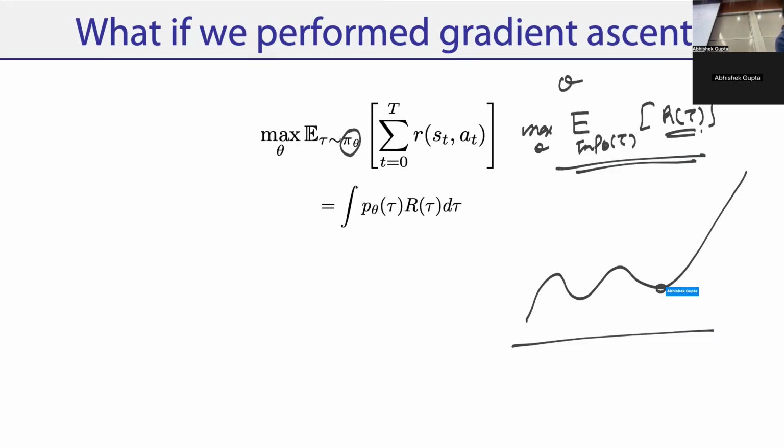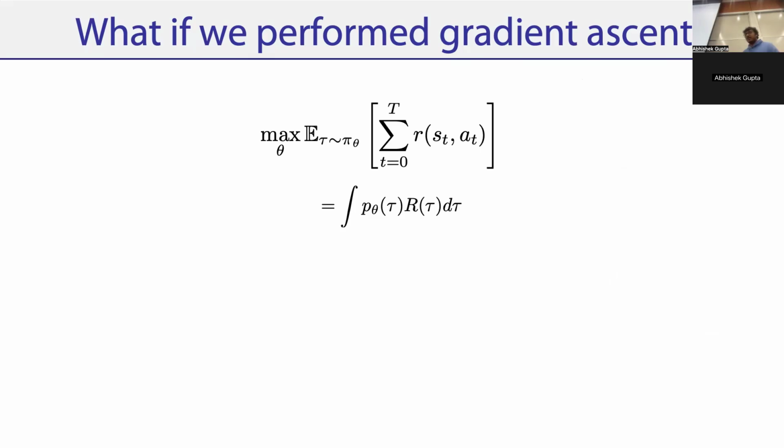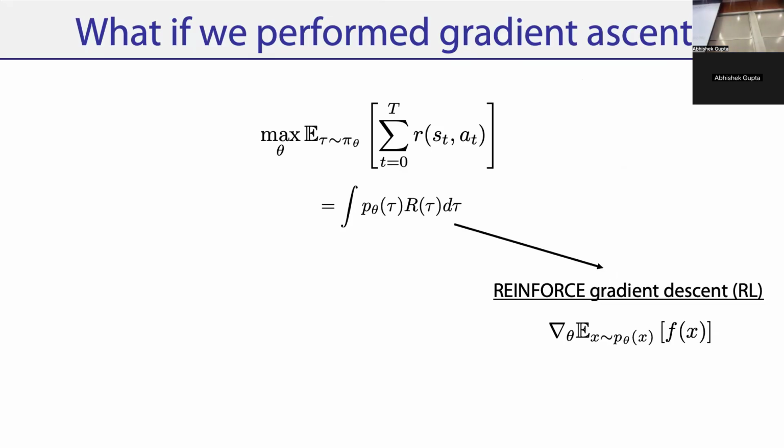You can start from a guess, take a step, take a step, take a step, until you reach an optimum, right? It's a way of optimizing functions, at least to local optima. And so we are going to try and apply the same idea of gradient descent to this problem. We're going to take this problem and try to do gradient descent on it.